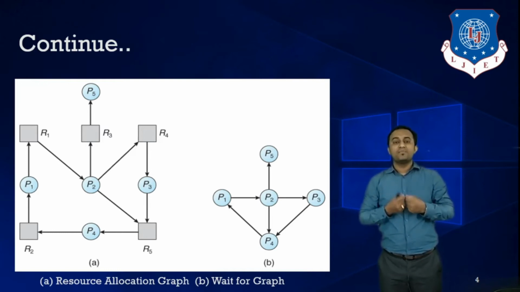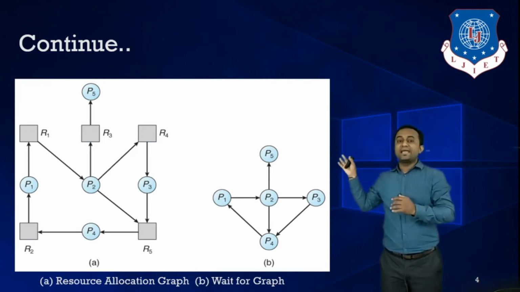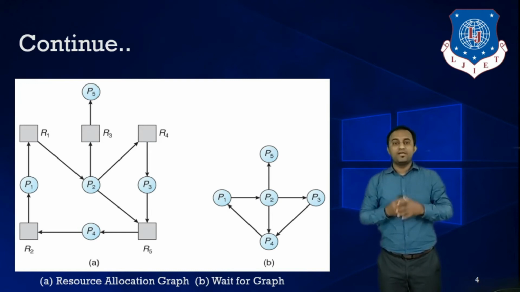The edge starting from a process towards a resource is nothing but a request edge, and the edge starting from a resource towards a process is nothing but an allocation edge. So there are four different components: the set of processes, the set of resources, and two types of edges, the request edge and the allocation edge.